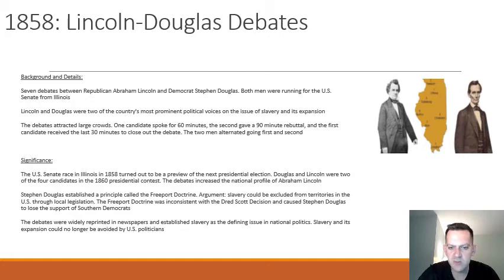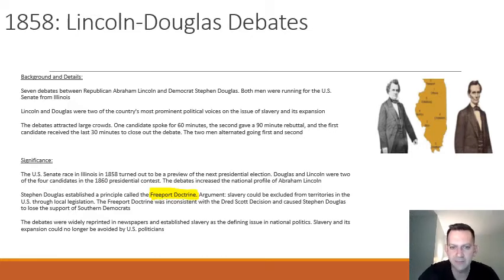So just so you know, Stephen Douglas did end up winning the Senate seat in Illinois, all right? There are a few important things from these debates I'll highlight for you. Stephen Douglas advocated for something called the Freeport Doctrine. It's named after the location where this debate was taking place, and he speaks about it in one of his speeches.